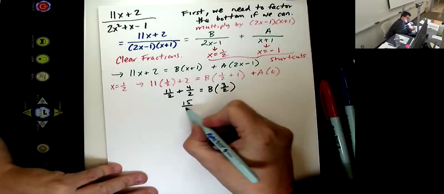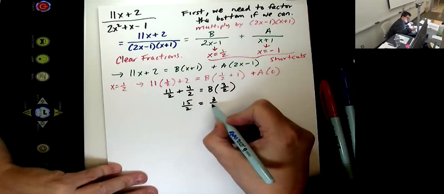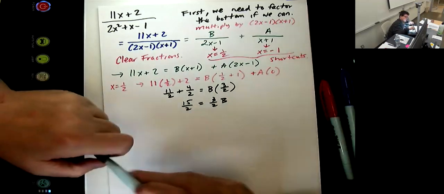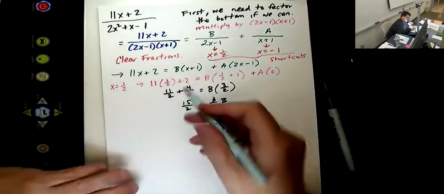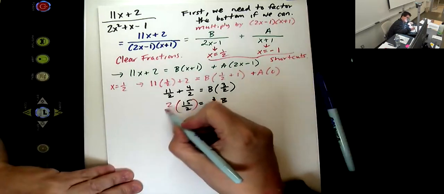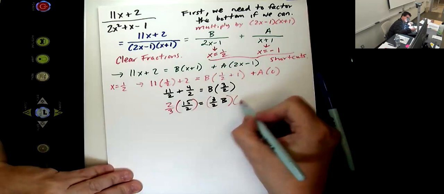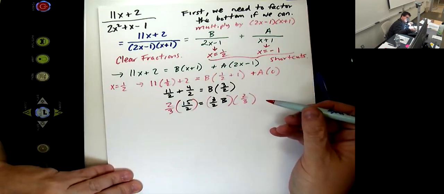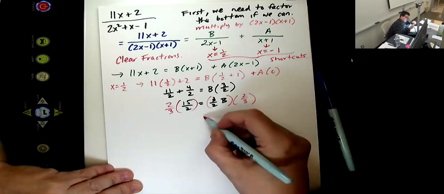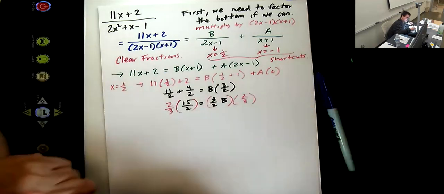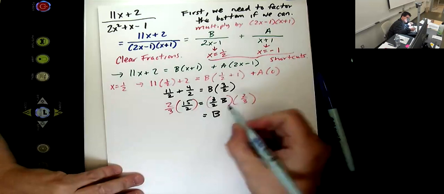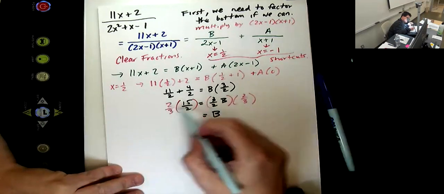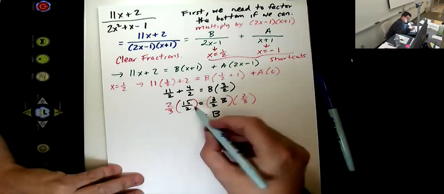So I've got 15 over 2 equals 3/2 b. Multiply both sides by the reciprocal, and I get, here the 2's cancel, and I have 15 divided by 3 is 5.